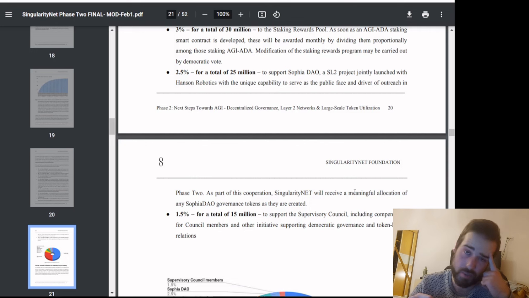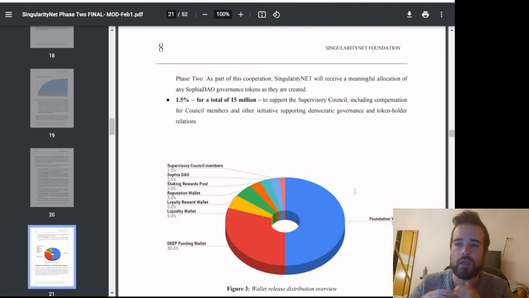Then 2.5% will go to support Sophia DAO. That basically is a partnership with Anthem Robotics, while they use Sophia, probably one of the most famous artificial intelligence robots, to serve as a public face and driver for the outreach of Singularity Net. And there will be also 1.5%, a total of 50 million tokens, to support the supervisory council, and this includes compensation for the members.